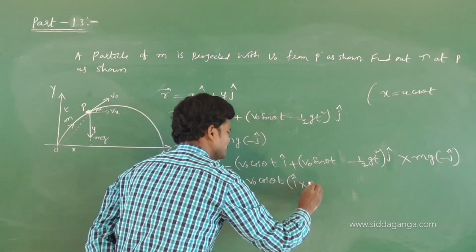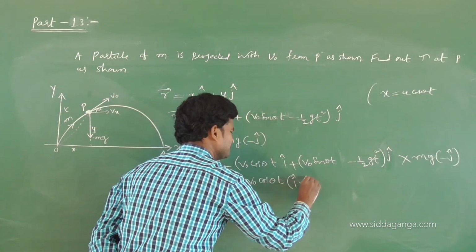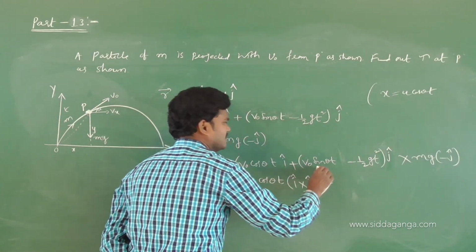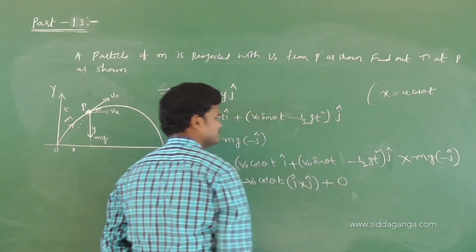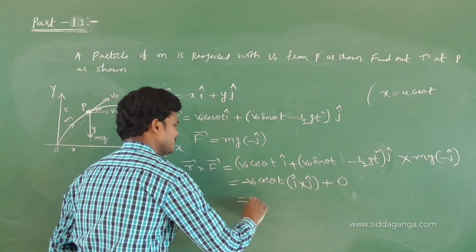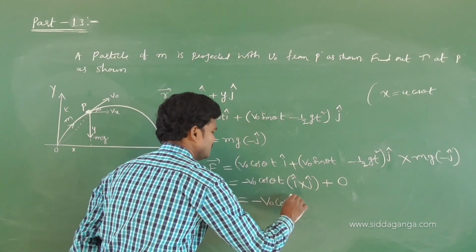Let me multiply minus here, minus and j. Plus, this entire value having j, and j cross j is 0. Then the answer is minus v naught cos theta into t.